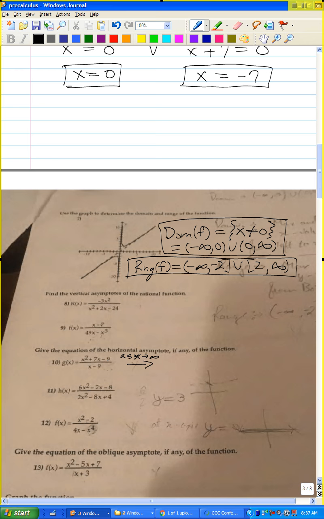For very large values of x, this is very close to x squared. And I have an x minus 9. For large values of x, that's just very close to x. And so as x goes to infinity, this whole thing goes off to infinity. So this means that there is no horizontal asymptote.